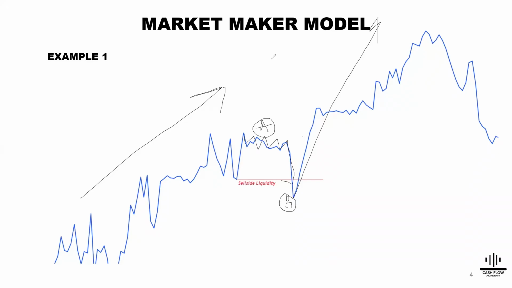So the first thing you're looking for, if you want to identify the market maker model, you want to see price consolidate and then leave that consolidation heading towards an area of liquidity. Now, that area of liquidity represents an area where price usually will bounce off to rally higher if we're in a buy program.